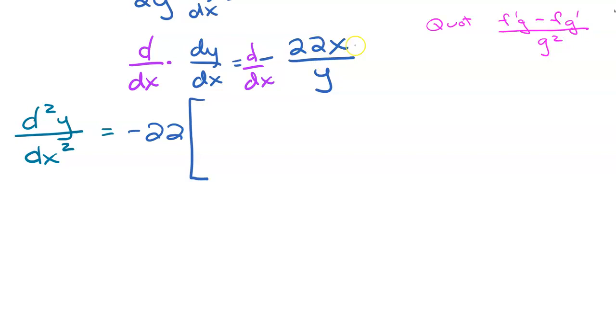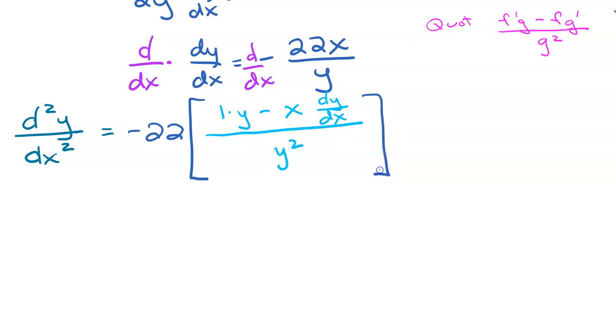So just x over y. If x is f and g is y, then f prime is 1, and g, that's y, minus f, g prime, well, we're doing implicit differentiation, so that's dy dx, over g squared, so that'd be y squared. There's the quotient rule.